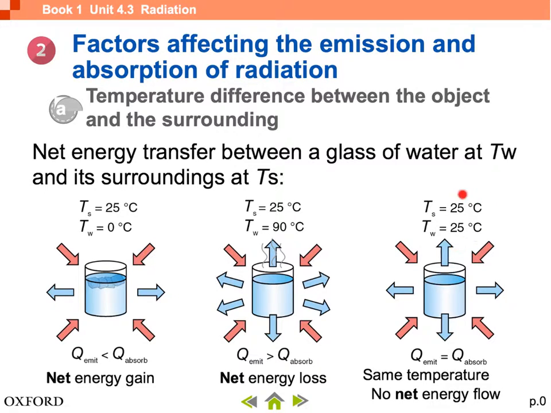But if they have the same temperature, the rates of these energy transfers are equal, so that there is no net energy transfer. I would say that the net energy transfer is 0 in this case. So as a result, the temperature of the water remains the same.